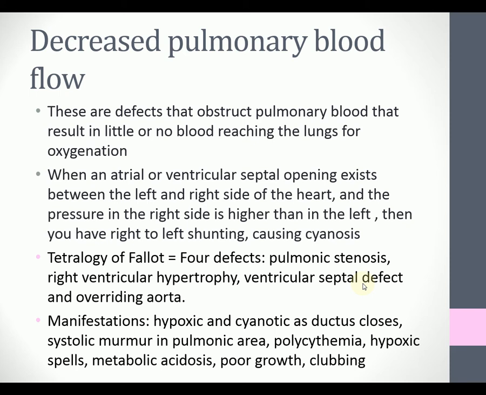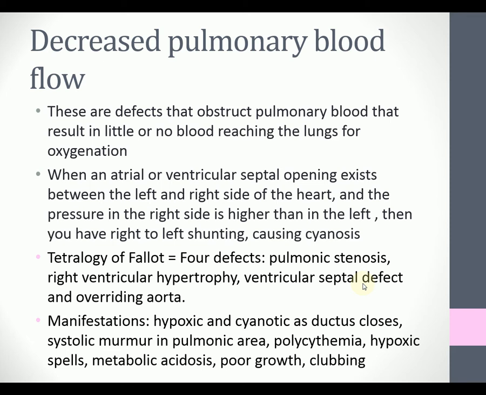So decreased pulmonary blood flow is, of course, when there is blood that's obstructed, which results in little or no blood getting to the lungs. That's what we are concerned about.